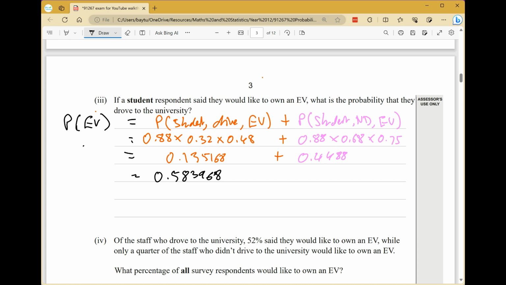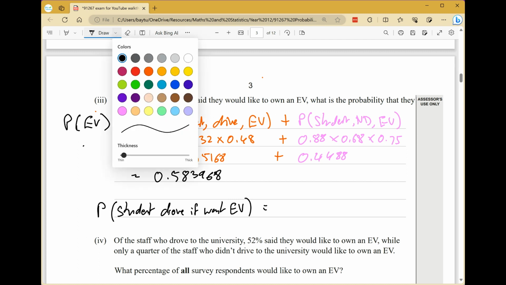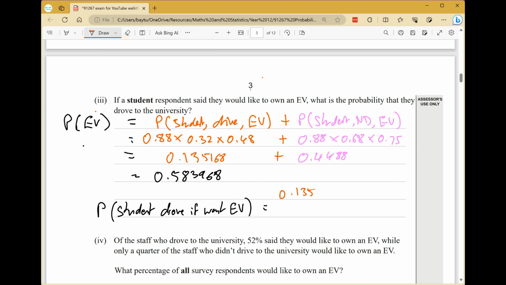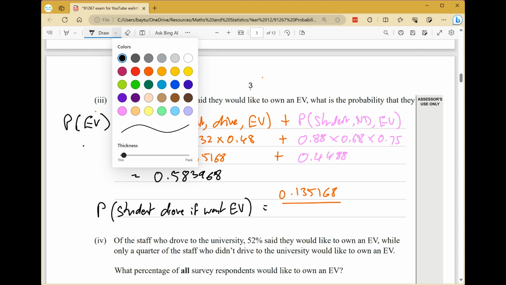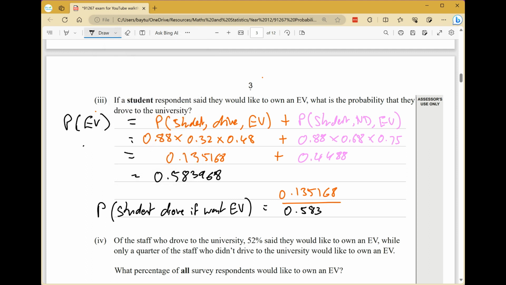So if we want to work out specifically the probability that they drove, so probability a student drove if they want an EV, we divide that orange probability by the total, and that will work out the proportion, which is 0.231465, which we can round to 0.2315.